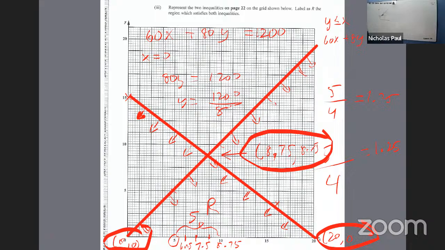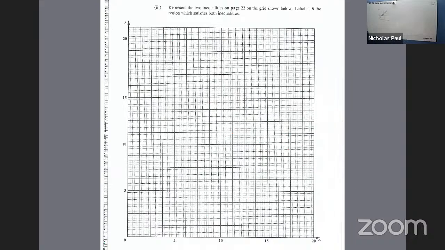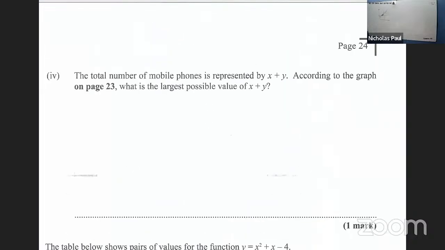The last part is this. Take a little read. Use your points and tell me what you got. 0, 0, 20, 0, 8.75, 8.75. Which one gives you the largest? Write it down and work it out.